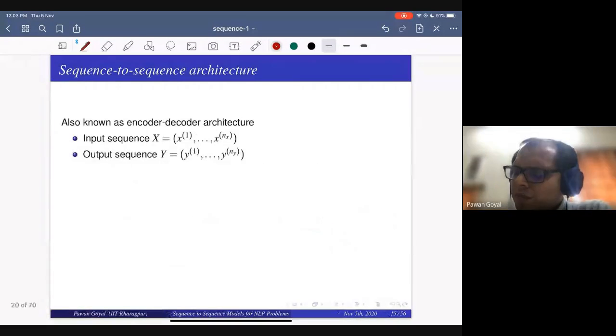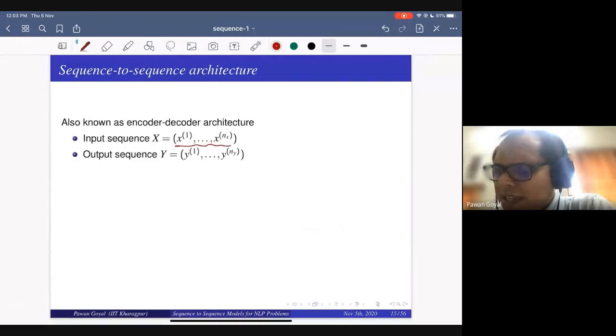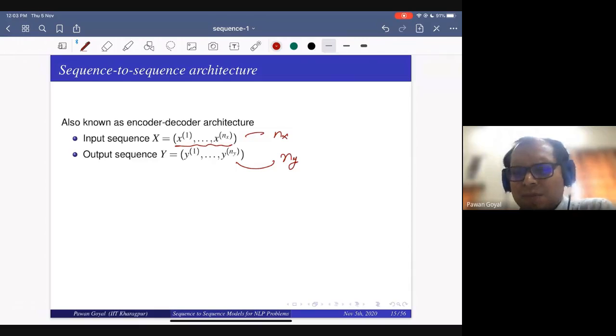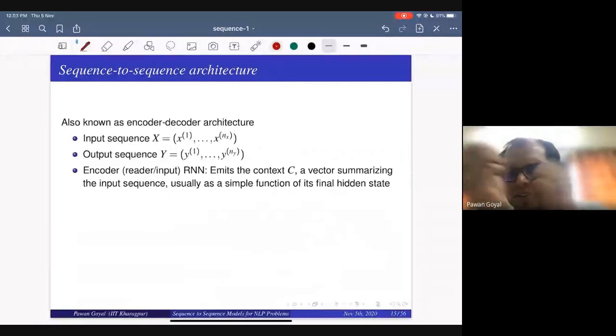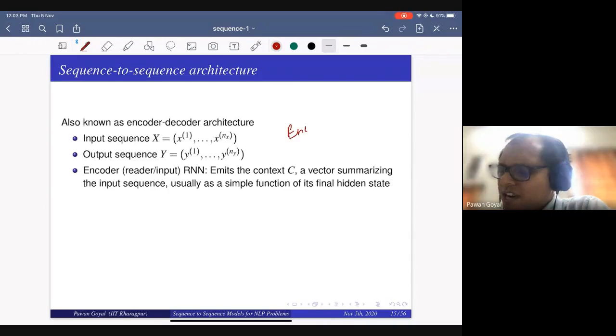So your input sequence is, say, of length nx, and the output sequence is of length ny, and you have to go from nx length to ny length. So when you handle this problem, sequence to sequence, generally you talk about it in terms of something called an encoder-decoder architecture.